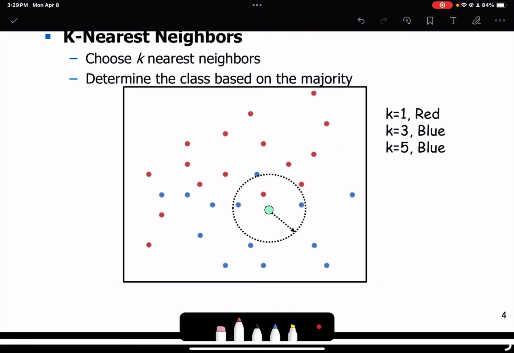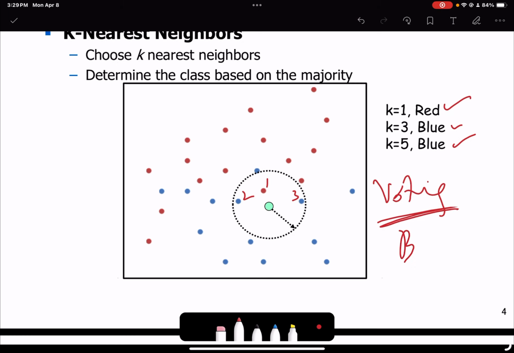So in this case, we have three data points, one red and two blue. Among these three nearest neighbors, if we choose the voting for classification, we can see that this point should belong to the blue class.